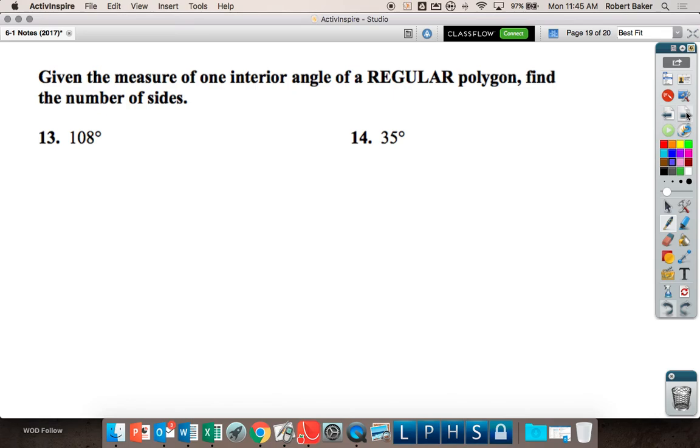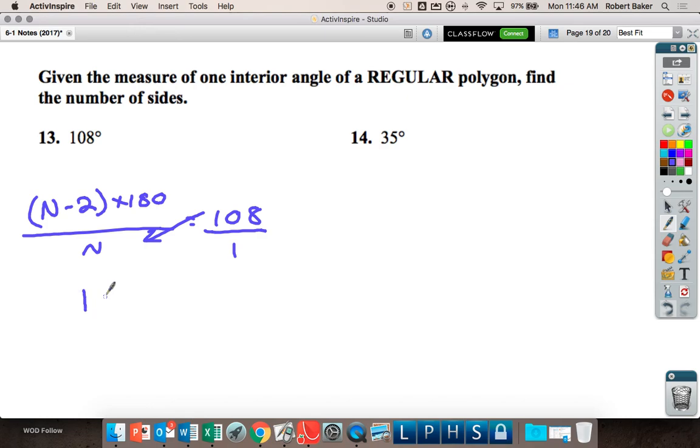So here's how the book tells you to solve it. N minus 2 times 180 divided by n equals the one individual angle. All right, this is one angle inside of a regular polygon. So what do I have to replace the n with? How many sides does this shape have? Exactly. Why would the book teach you that way? Because it's just straight up math.